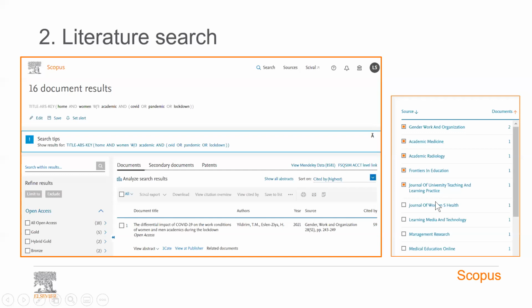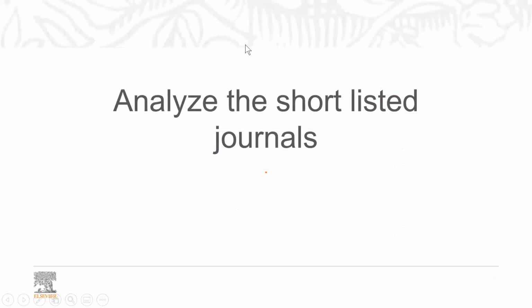So here you also have a short list, but not many documents published because it is a very small research area. Right? So basically, what we've done now is we've looked at 3 different ways of creating your shortlist. The one is using your own references, asking a supervisor, or doing a search in Scopus, or a combination of the 3 to find relevant journals.